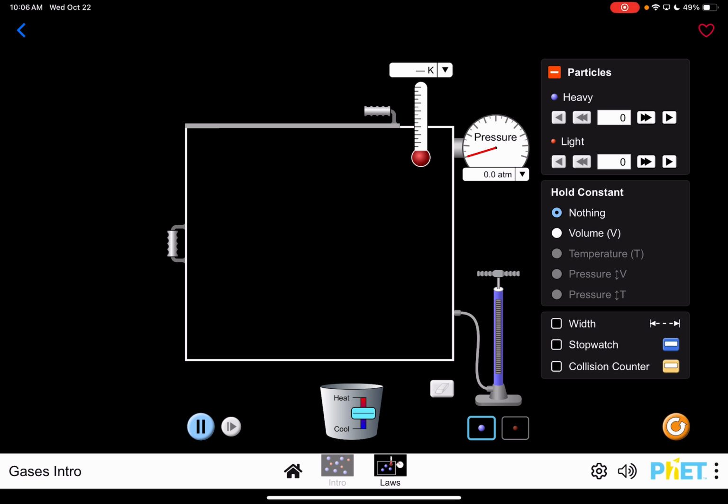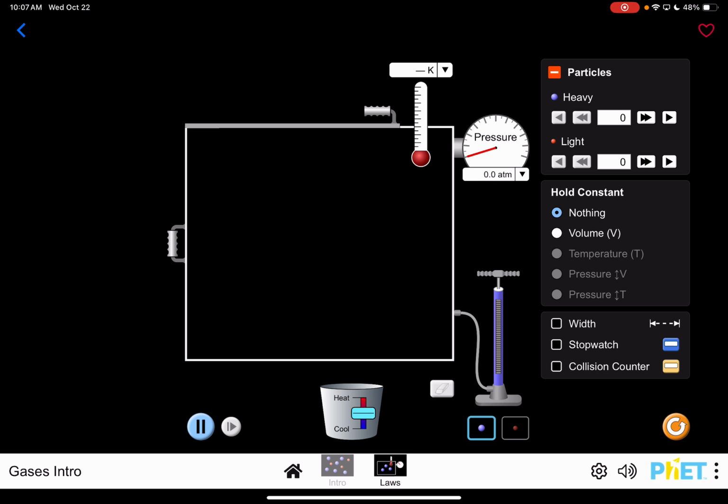All of these properties together are interrelated in how we define a gas. Unlike grams to moles, which is just one simple conversion, if we wanted to find moles of a gas, we would have to know the pressure, the volume, and the temperature. It would take a lot of information to determine that. So what I want to start with is looking at each of these properties and how they're interrelated.